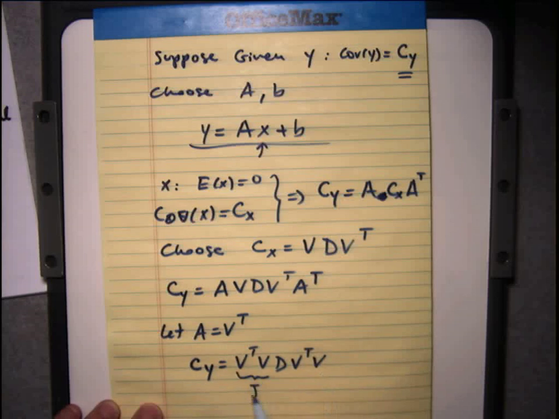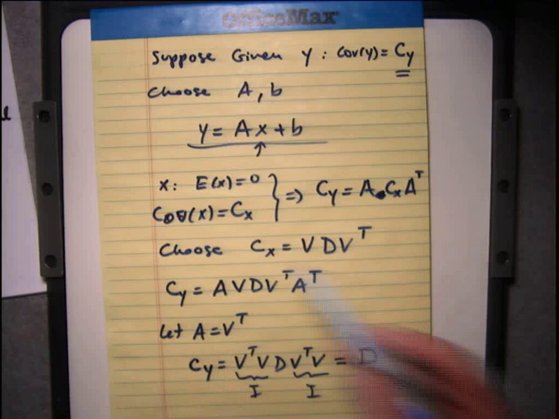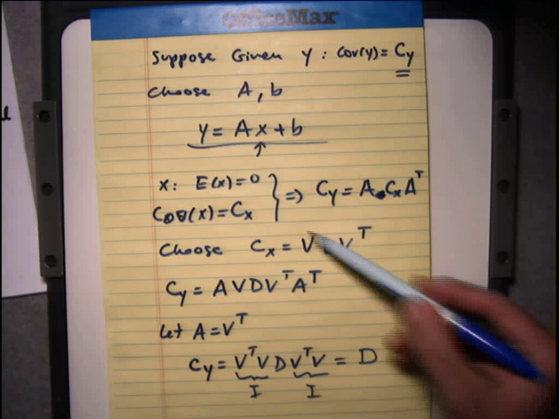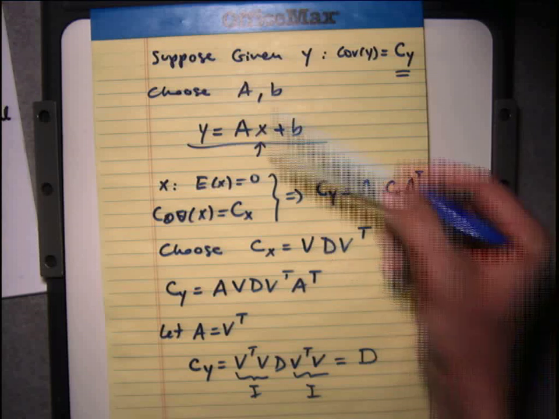So this is identity, and this is identity, so this becomes a diagonal matrix. Okay? So what we've done is, by virtue of choosing this transformation to be the transpose of V, which contains the eigenvectors of Cx, we've managed to come up with a Cy which is diagonal. And of course, the elements of this diagonal are simply the variances of the different elements of x. Okay?